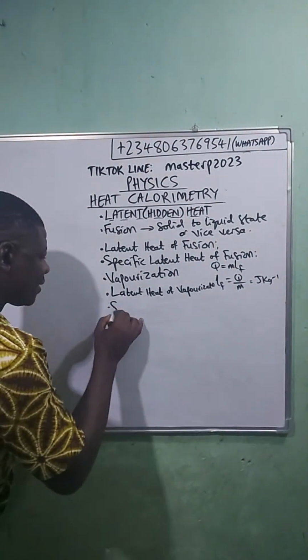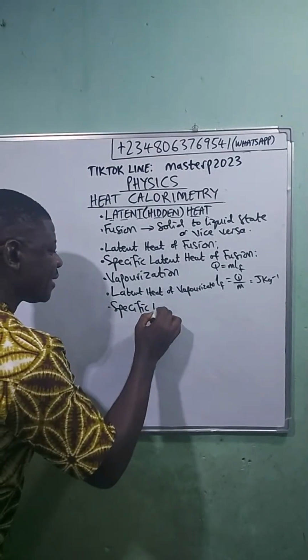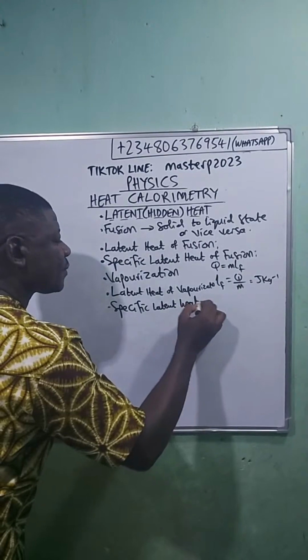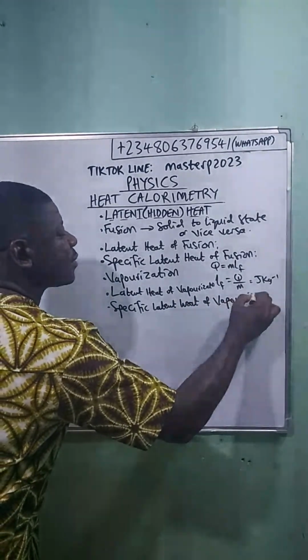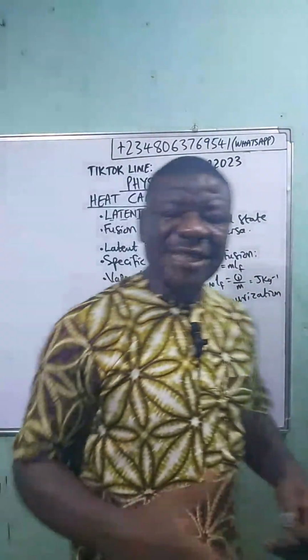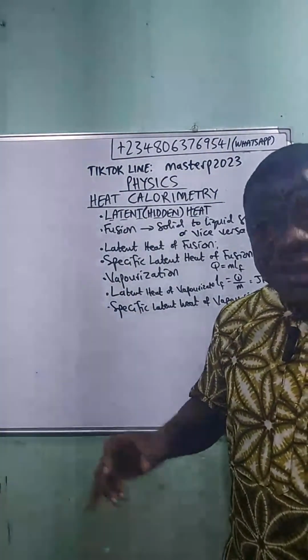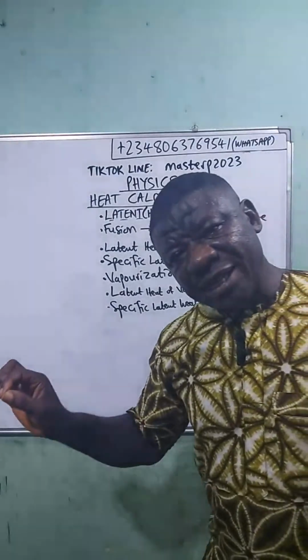They will have specific latent heat of vaporization. Specific latent heat of vaporization, actually, it is the heat energy that is required to change the state of a unit mass of a substance from the liquid state to the what?